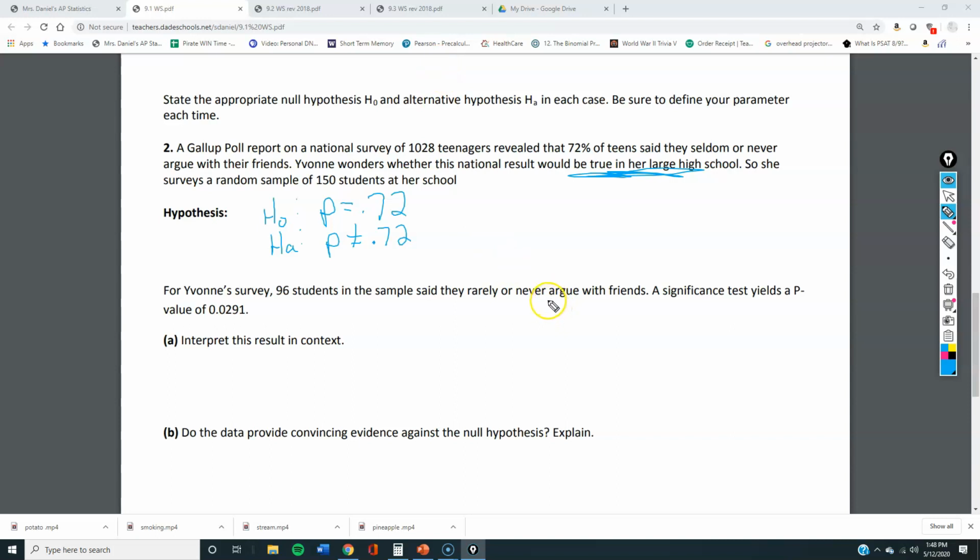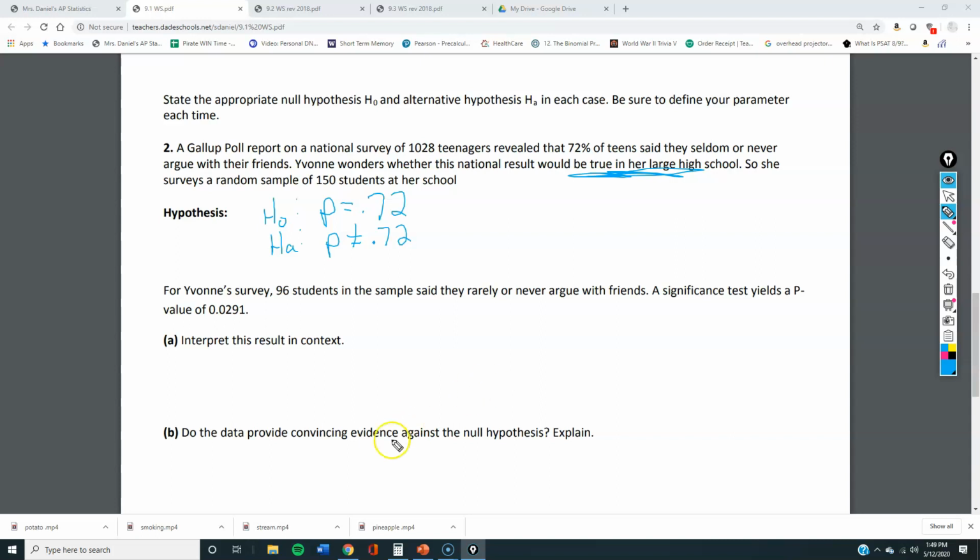If the proportion of students at Yvonne's school is 0.72, there is a 2.91% chance of finding a sample of 150 students with a value of p that is as far from 0.72 as the sample value in either direction. So that means there's about a 3% chance of obtaining her data by chance.